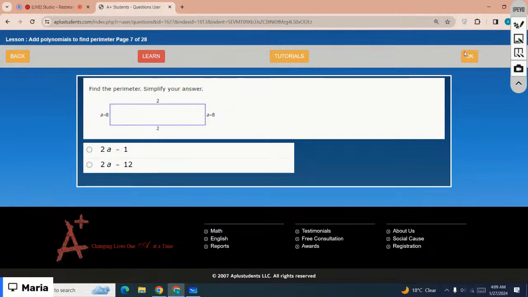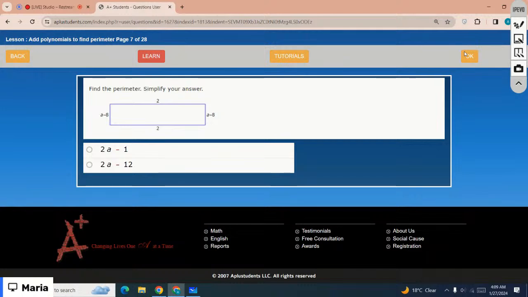Okay, the next one is find the parameter, simplify your answer. So which is the correct option? Yes, the correct option is 2a minus 12.